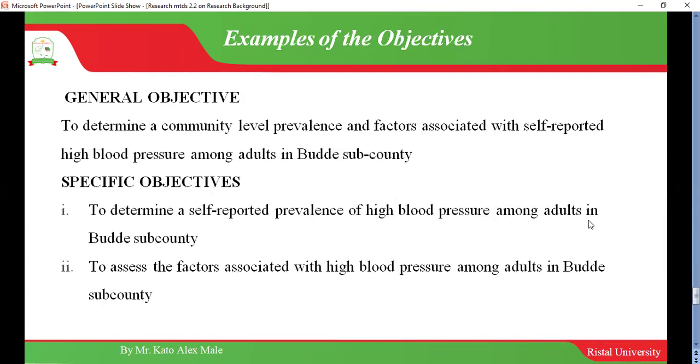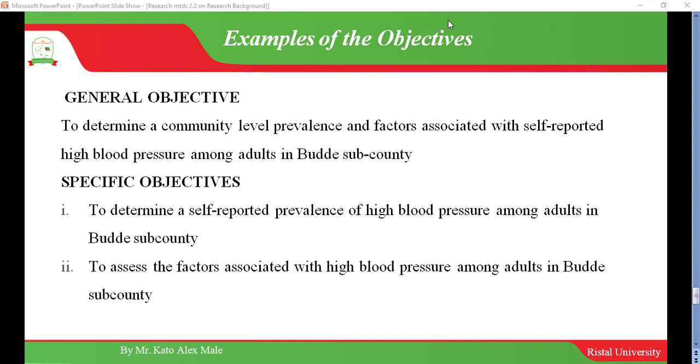So, examples of the objectives. The general objective can say: to determine a community level prevalence and factors associated with self-reported high blood pressure among adults in the sub-county. That's what the general objective can say.